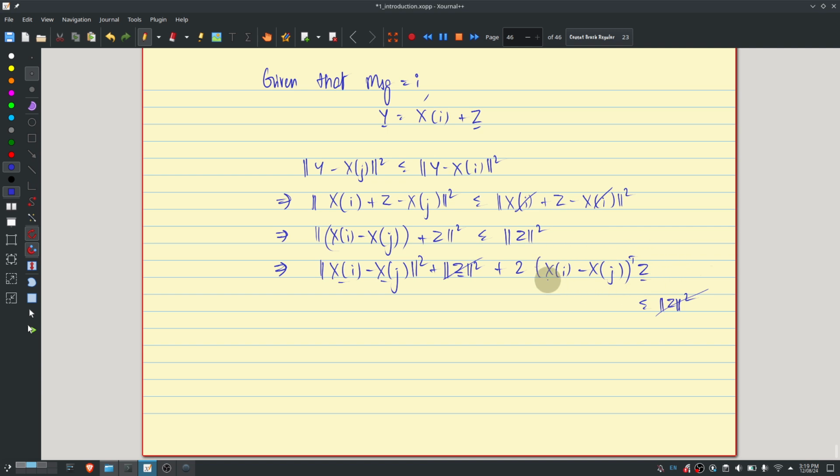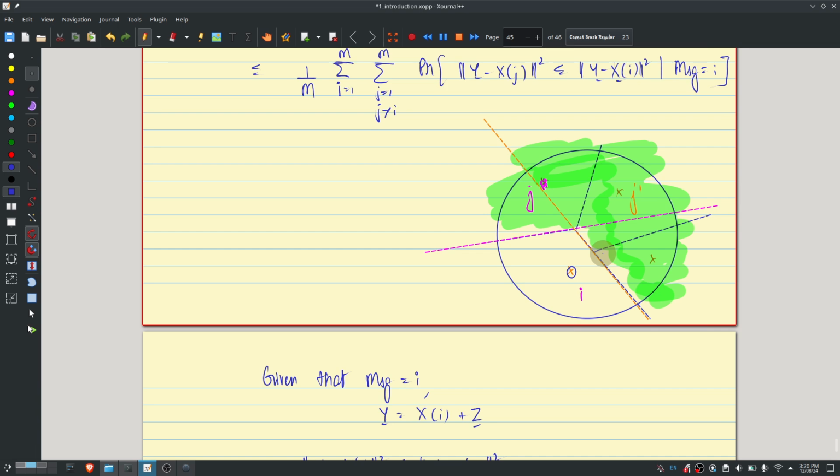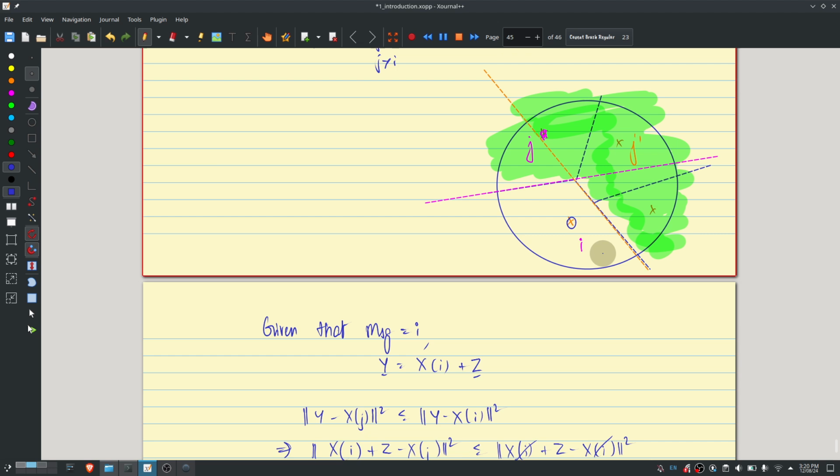Whereas this depends on x of I and x of j in a slightly more complicated way. Great. So now, again, we'll make another simplification. Instead of looking at this itself, let's again think of this geometrically.